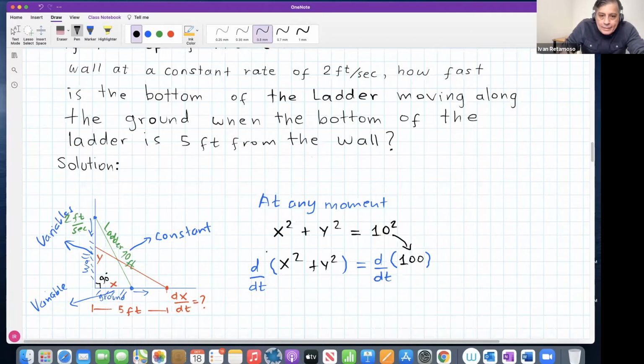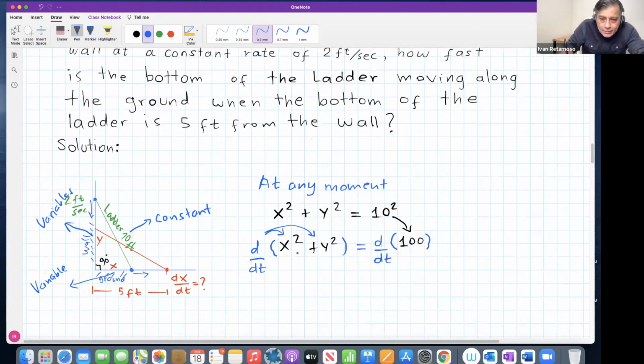Now, go ahead and take derivatives of the sum of these two functions with respect to time. We start with the derivative of X squared. The derivative that comes to mind is 2X, right? But since we are taking the derivative not with respect to X, but with respect to time, we have to attach this dx/dt, the derivative of the inside function X.